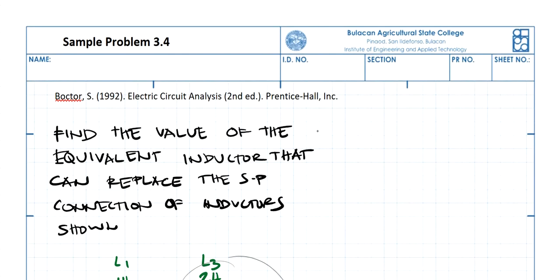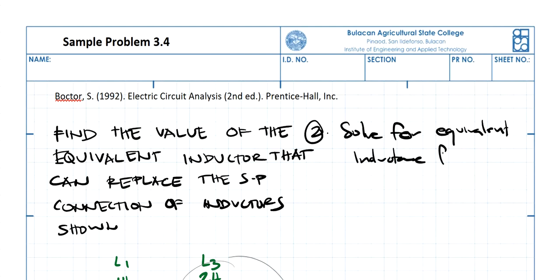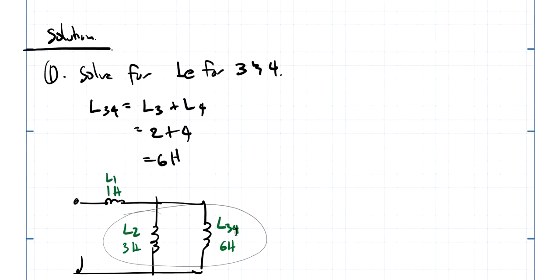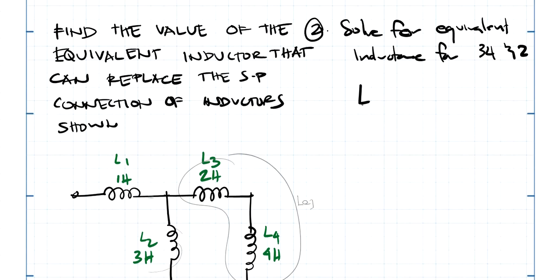Okay, next let's solve for the equivalent inductance for 3, 4, and 2. So if we do that, these are in parallel connection, therefore 1 over L is going to be 1 over 3 plus 1 over 6.